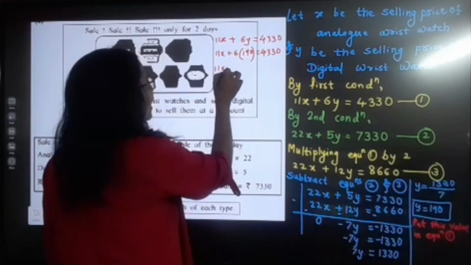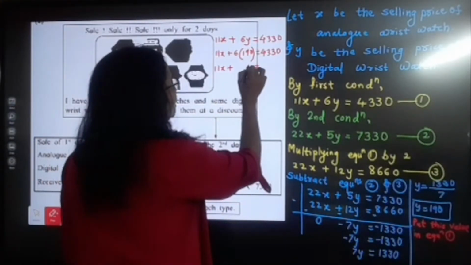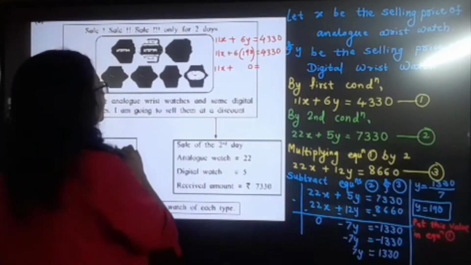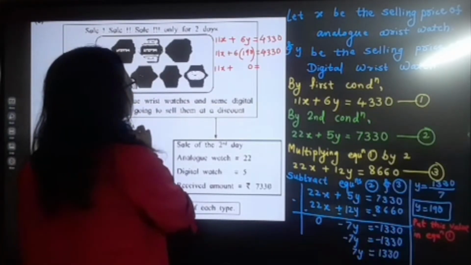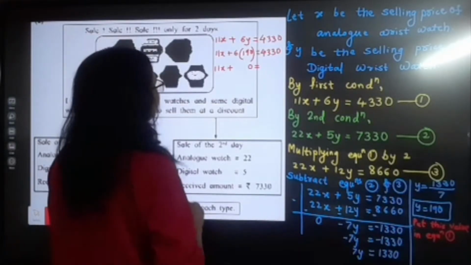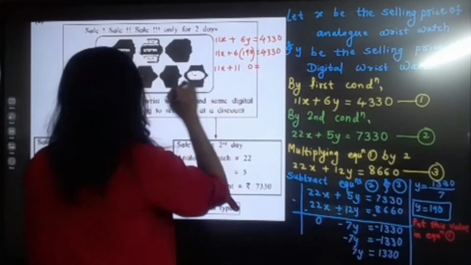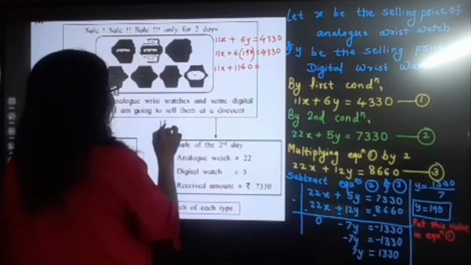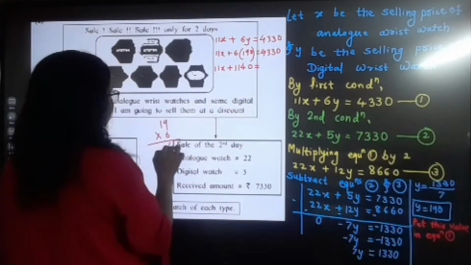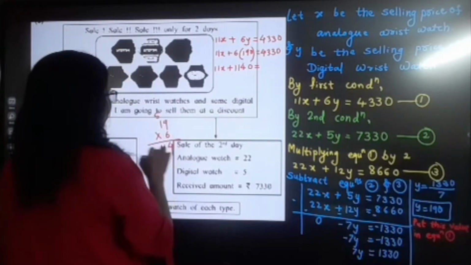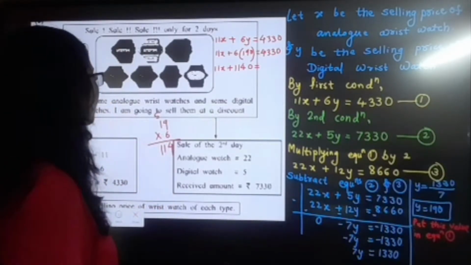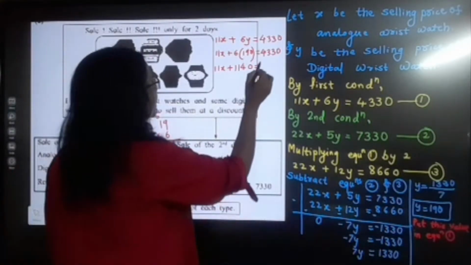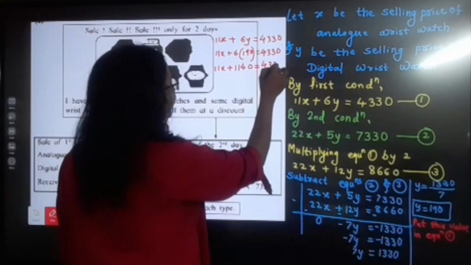So here 11x plus 6 times 190 is 1140, is equal to 4330.